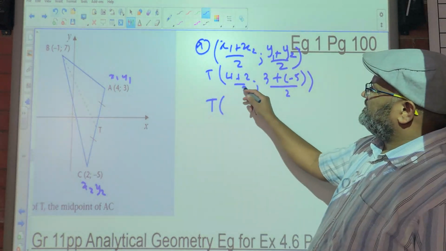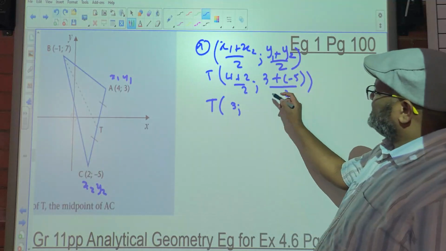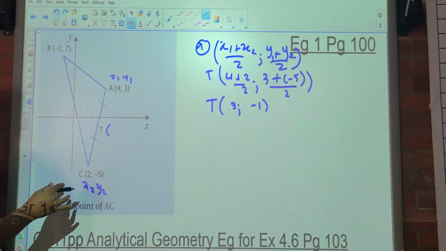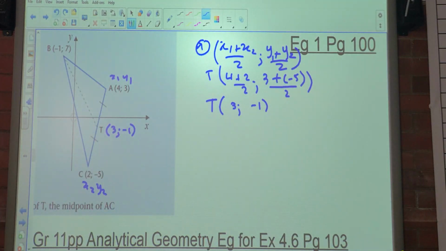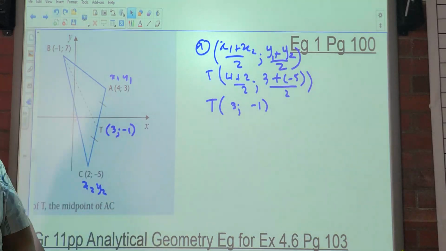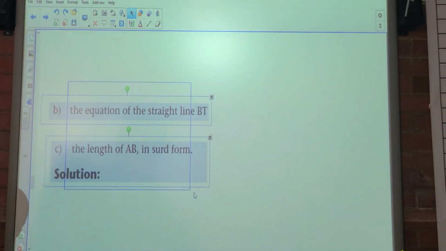So T is (3, -1). Is that correct? It should make sense to us, people. That's the nice thing about analytical geometry, it will make sense. So that's A. Look at B.